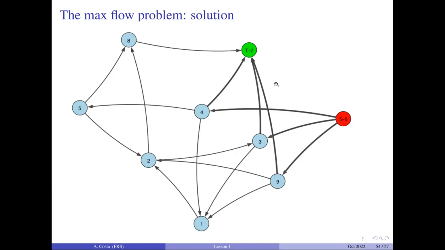Or for example, can I make some of the links indestructible in order to guarantee that I have the best possible flow? If I have limited resources, maybe I can only protect 1 or 2 links. Which links should I protect so that in the worst case disruption, which means I don't know what the disruption will be, but assume it will be the worst, what should I protect in order to make my flow as good as possible?